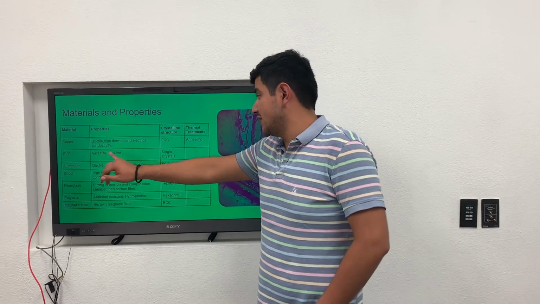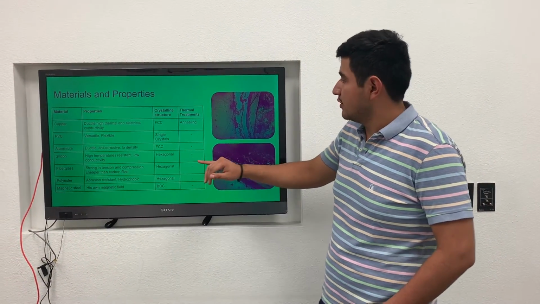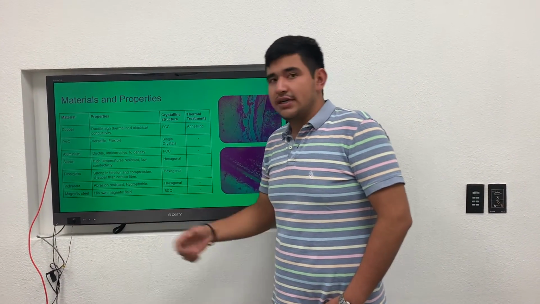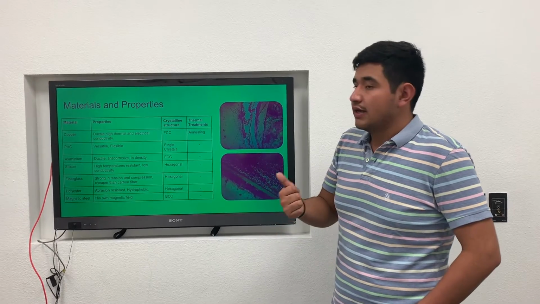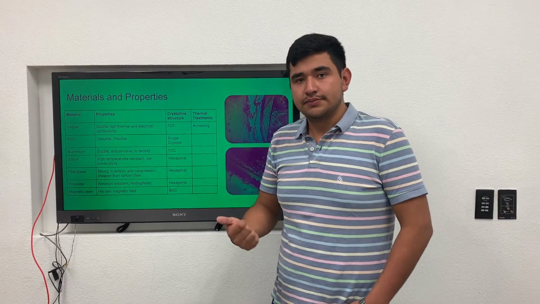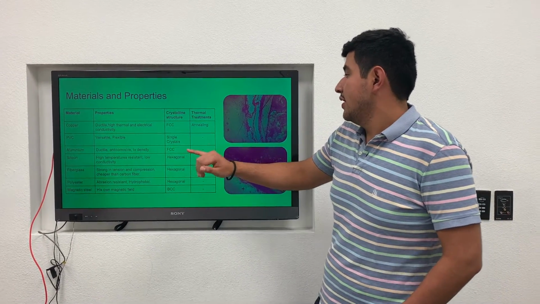PVC is versatile and flexible. It's one of the most common materials in the world. Aluminum is ductile, anti-corrosive, has low density, and is also a good conductor. And its structure is FCC.